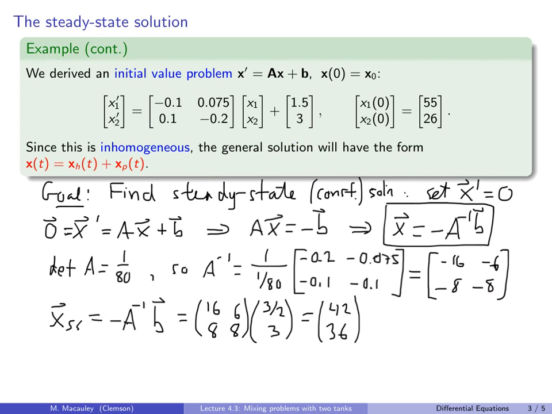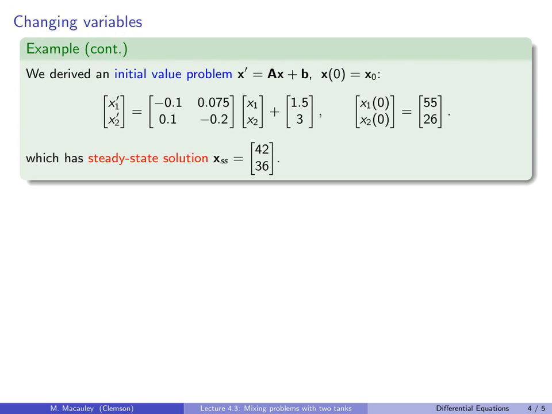So the first step, again, always is find the steady state solution, and do that by setting x prime equal to 0. Okay, so here is our initial value problem with the steady state solution. Now I want to show you where we're going to go with this. So let's plot x2 versus x1. So x2 is going to be up here.